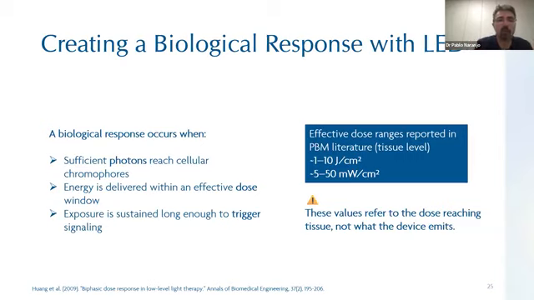So the amount of chromophore and the depth of the chromophore we want to treat. The biological response occurs when we have sufficient photons to reach the cellular chromophore, absorbed by the chromophore at the proper penetration, at the proper depth. Energy is delivered within an effective dose window, not too little and not an excessive dose, just the one we really need for the treatment, and exposure is sustained long enough to trigger signaling.